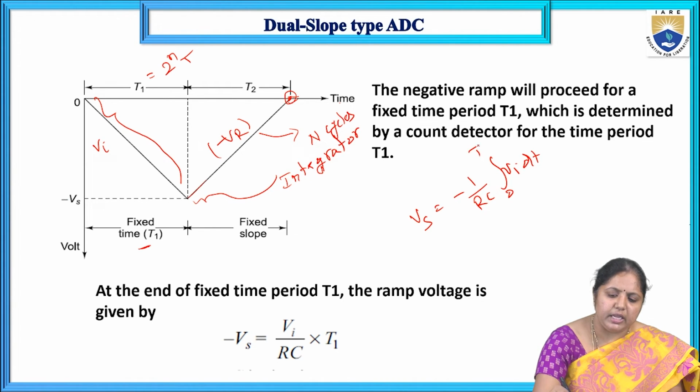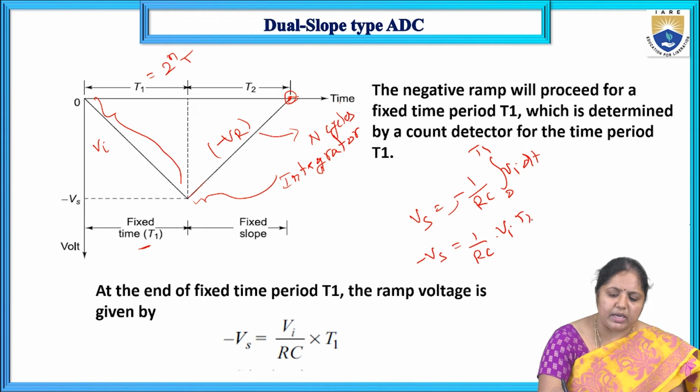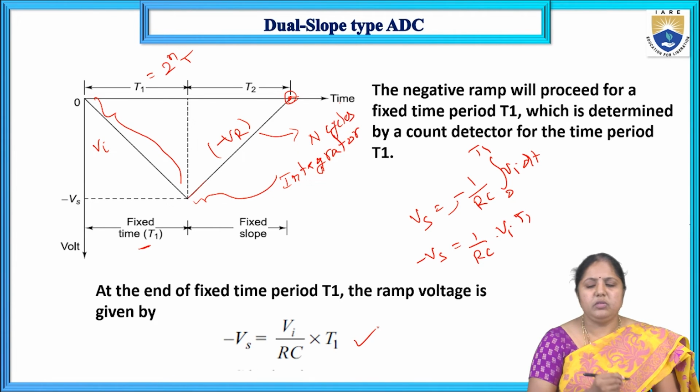If I do the integration, and keep the negative on this side, I get 1 by Rc into Vi into capital T1. That's why we got this value.